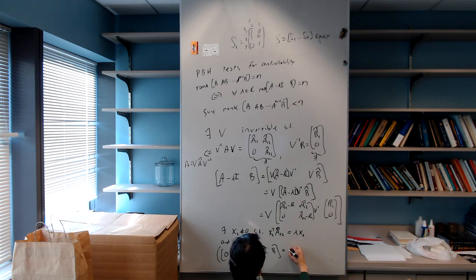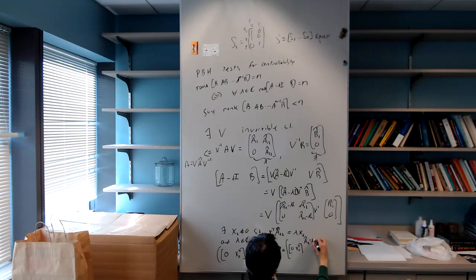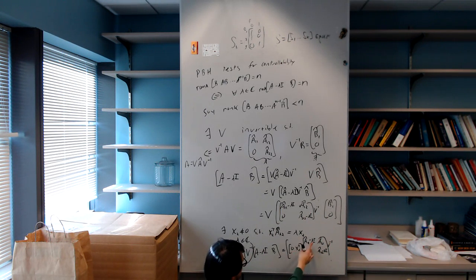So when I cancel out with this thing and bring it inside, I'm going to get 0 x2 transpose times A11 hat minus lambda I, 0, A12 hat, A22 minus lambda I, this whole thing times B inverse. This hits with that, we get a 0. This hits with that, we get a 0.